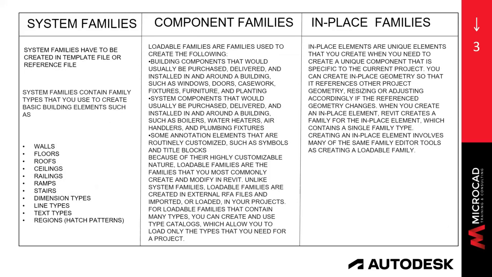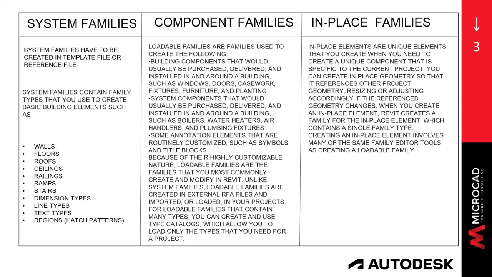Then you have component families. They're loadable families. They're everything, basically, that are not system families. So anything that you can think of that you would like to put in your model, from a tree to an electrical receptacle, passing through cabinetry, your home appliances, everything will be component families.